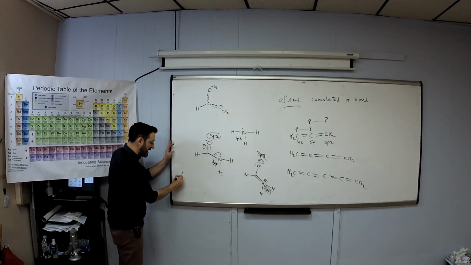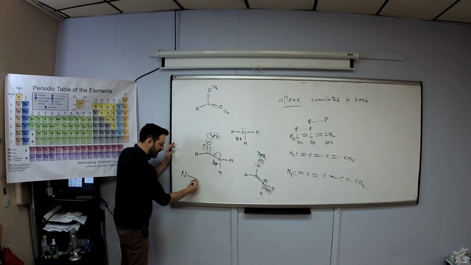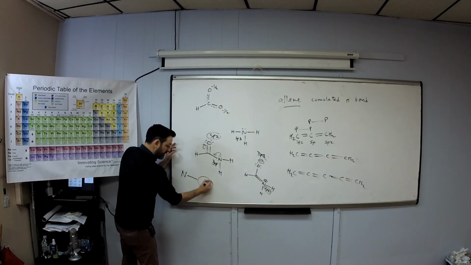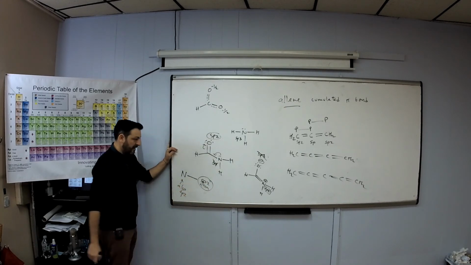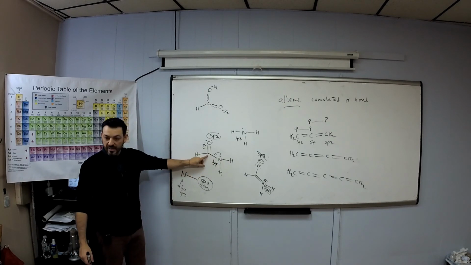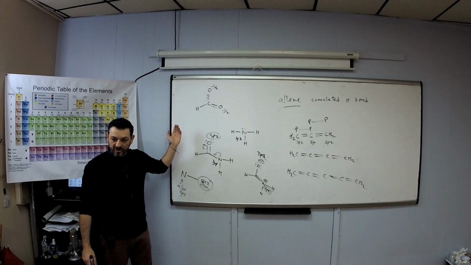We're going to say that whenever a nitrogen is covalently connected to an sp2 atom, it also is sp2. Do you see this nitrogen is connected to an sp2 atom? That means it will resonate with that sp2 atom and also be sp2.